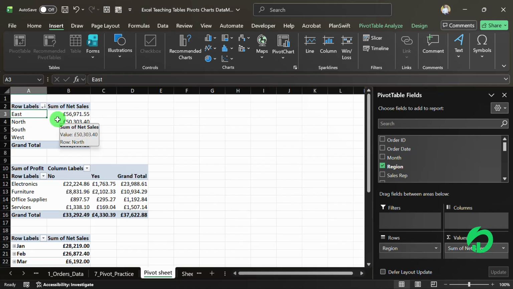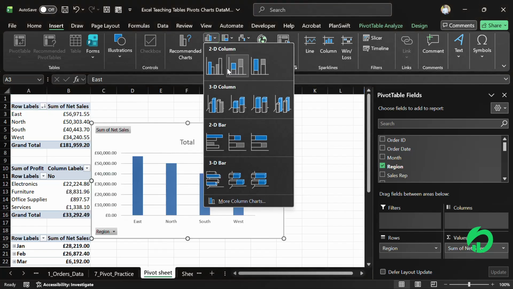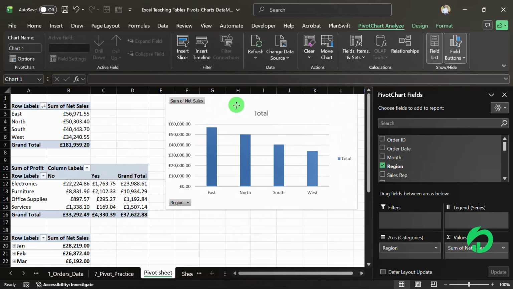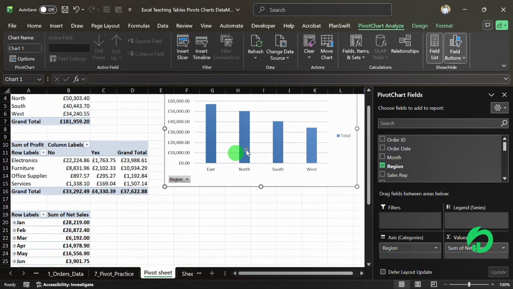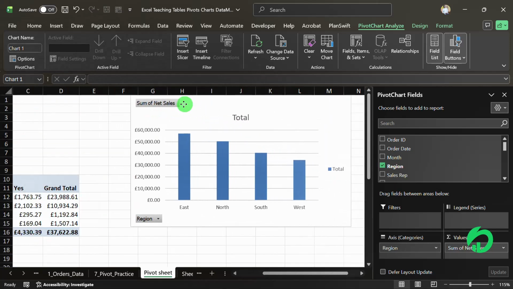I would prefer to use a bar chart or a column chart because with that, I can see at a glance how each of the regions is performing. So I can easily pick on my column chart, and with this I can see at just a glance how sales is performing across each of the regions.